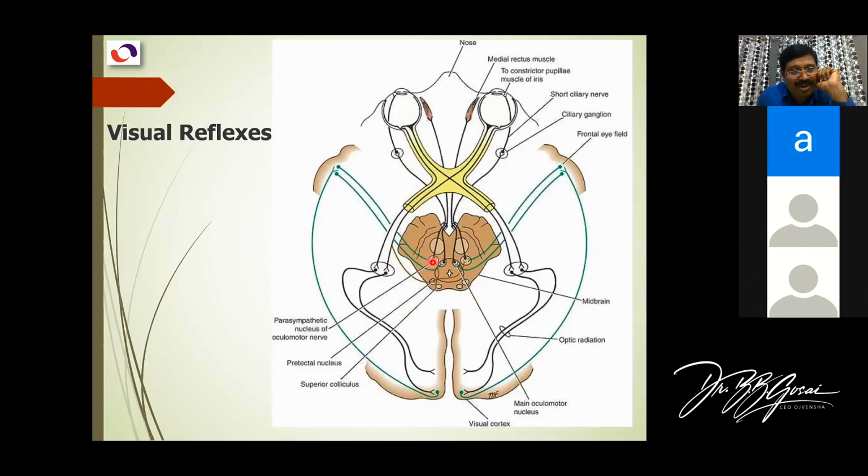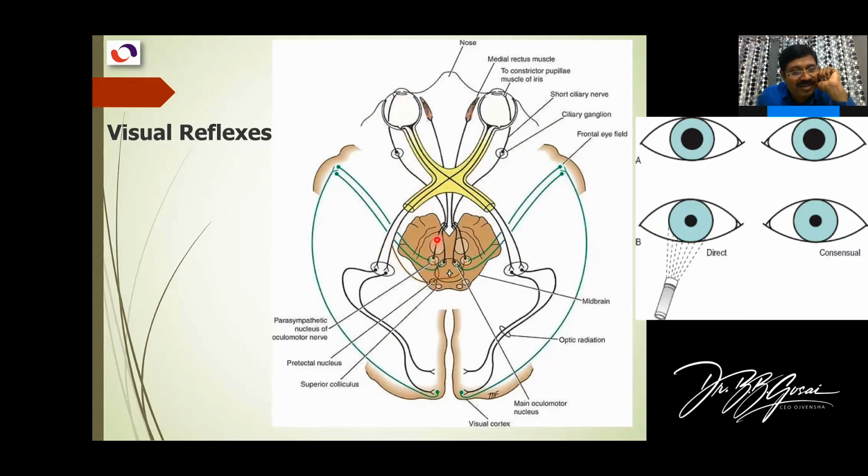And from the oculomotor nucleus, the fibers go to the ciliary ganglion here in the orbit. It's a parasympathetic ganglion. So fibers relay here.